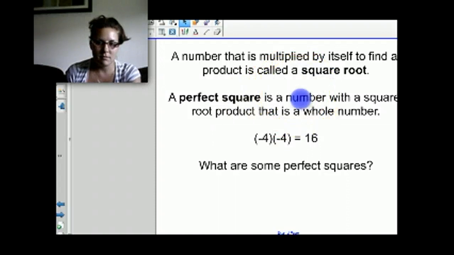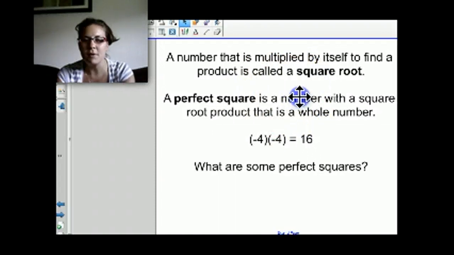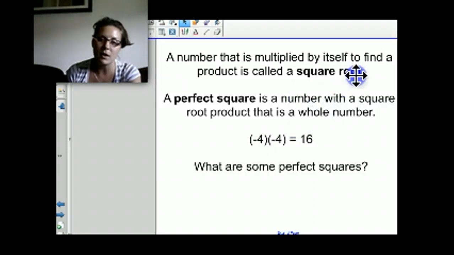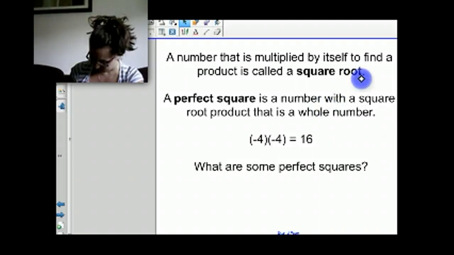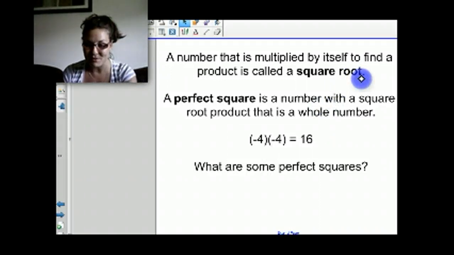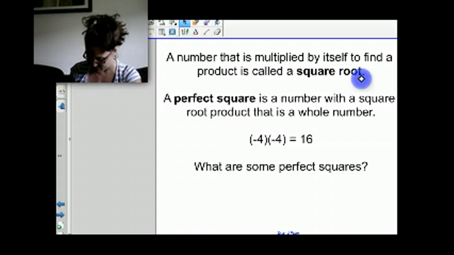Now, a number multiplied by itself to find a product is called a square root. A perfect square is a number with a square root that is a whole number. Every number can be square rooted. You can still take the square root of 7, it's just not going to be a whole number.